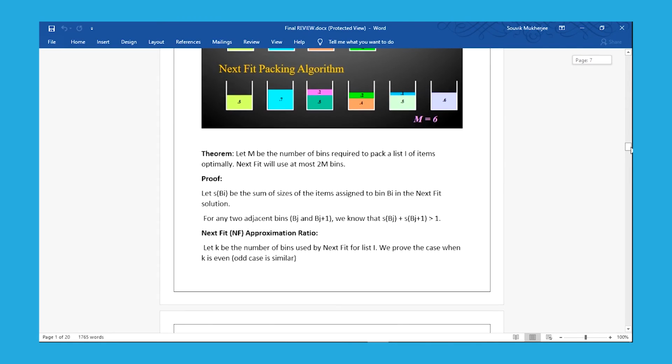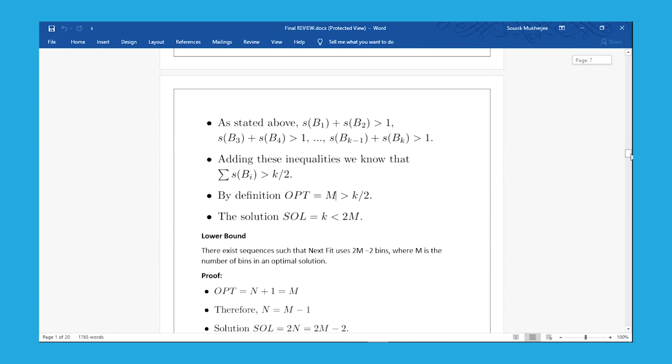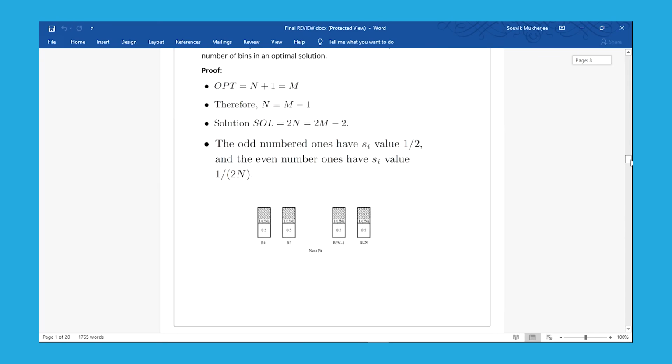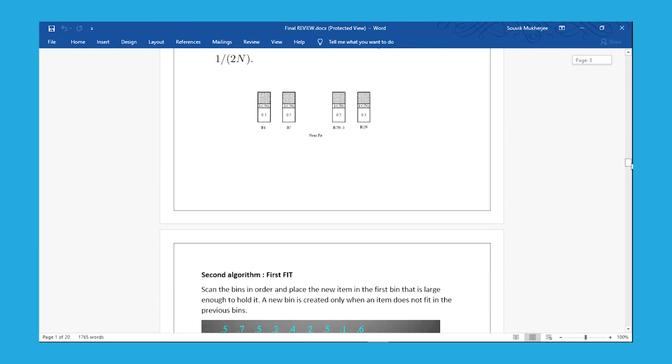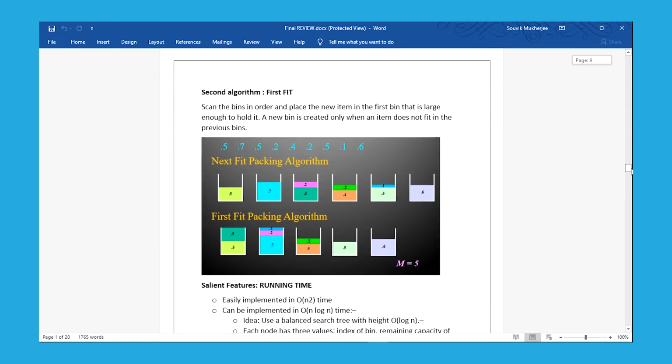Now, as we have mentioned already in our report, we have stated some findings. So these findings would be using algorithm 1, 2 and 3 respectively, that is the next fit, the first fit and the near optimal solution.